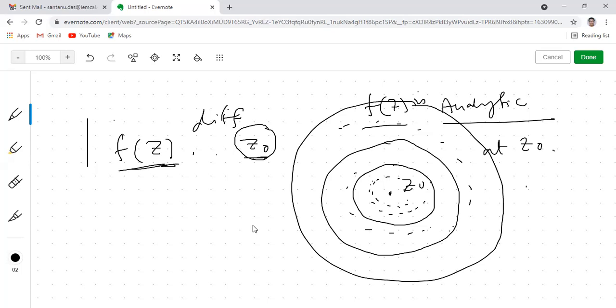But if a function is analytic at a given point, then apart from this point, at all other points also the function is differentiable if the points are enclosed within a neighborhood around this given point that we are constructing. So this is a broader concept. That means if I know that it is analytic at this point, then at all other points which are enclosed within the neighborhood of this given point, the function is also differentiable.